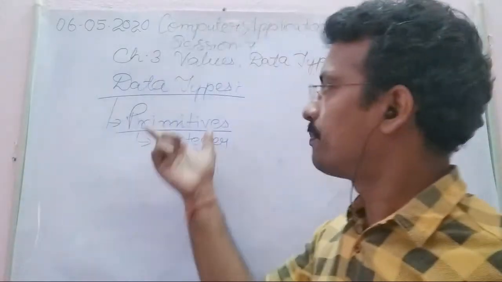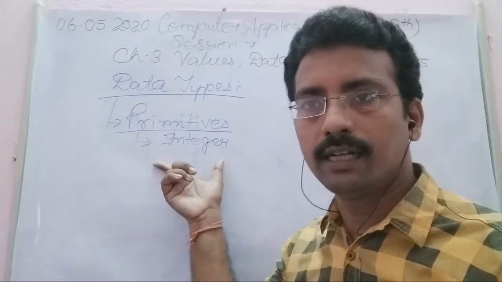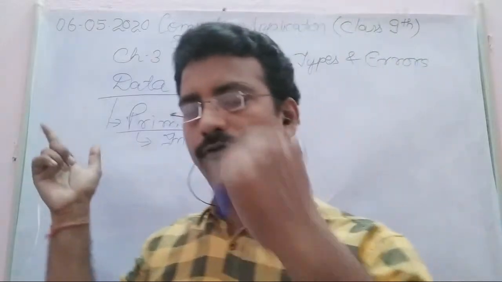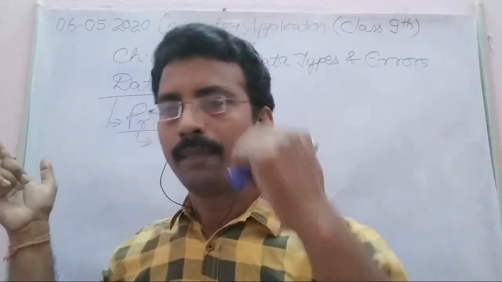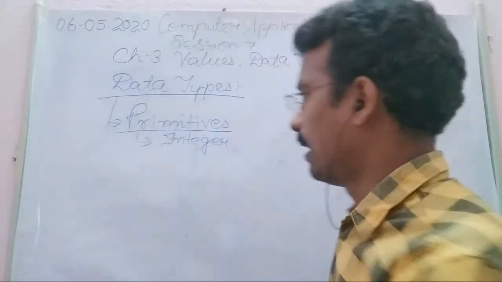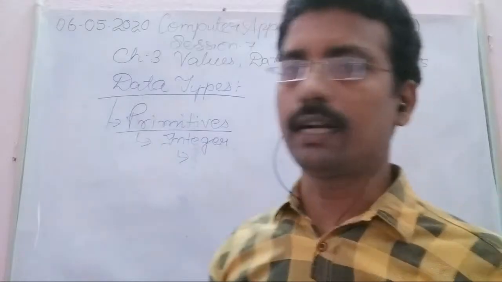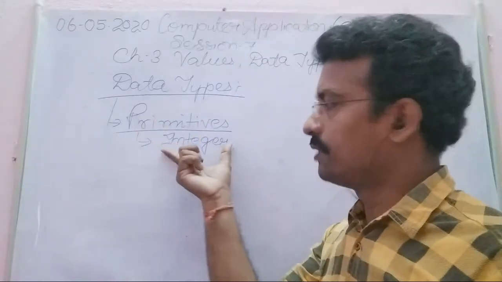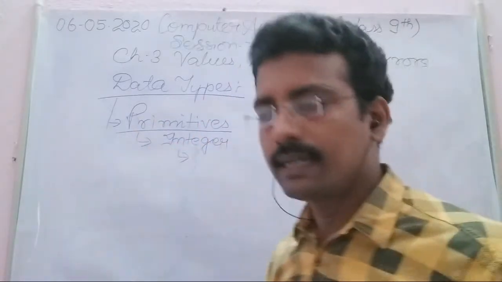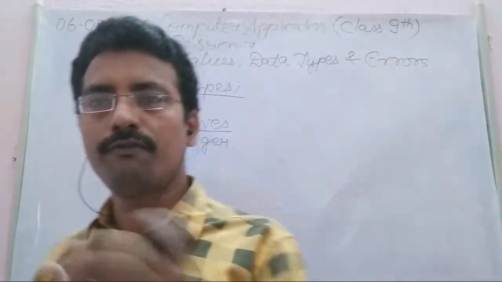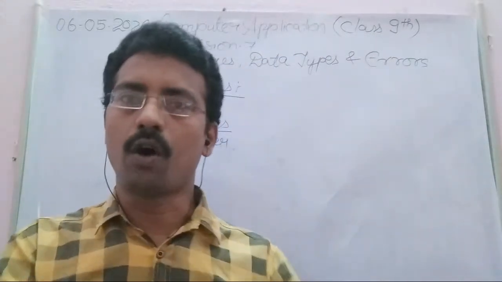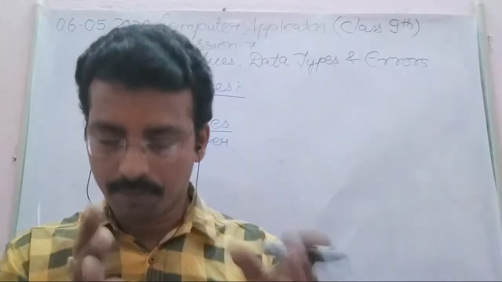And what are the other categories of this data type? Under primitive, first is integer. Integer data type represents the non-fractional values used in programming.